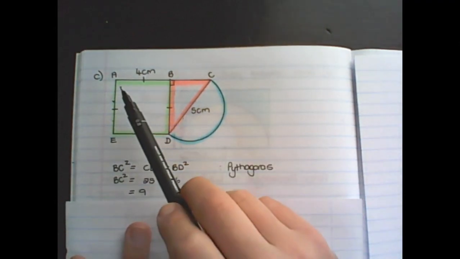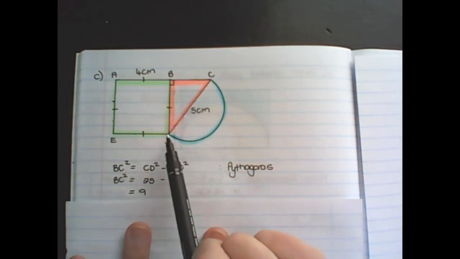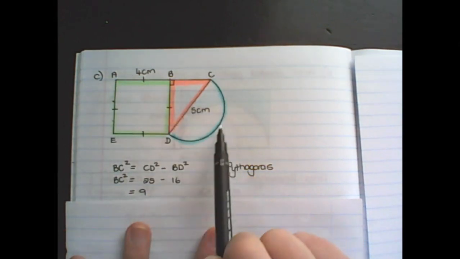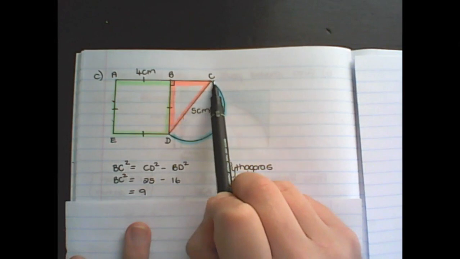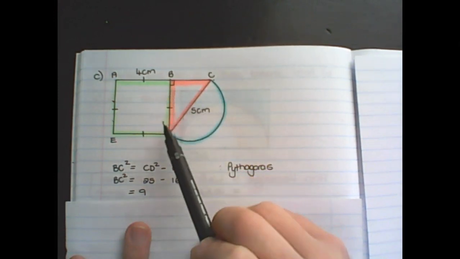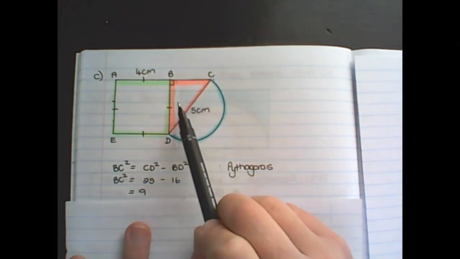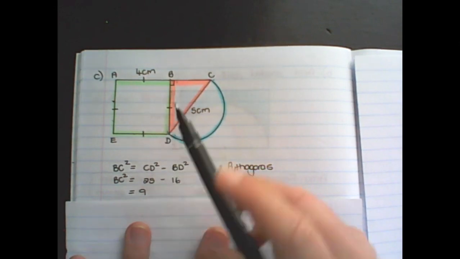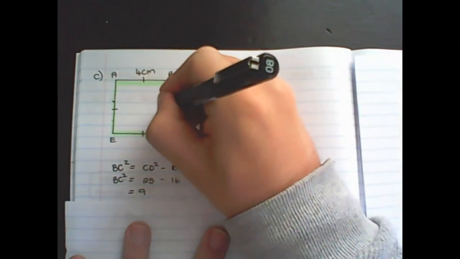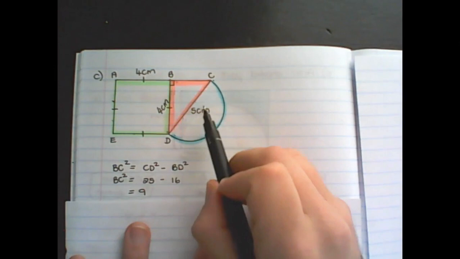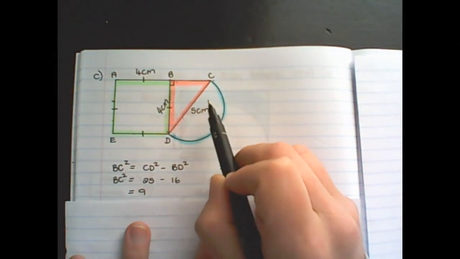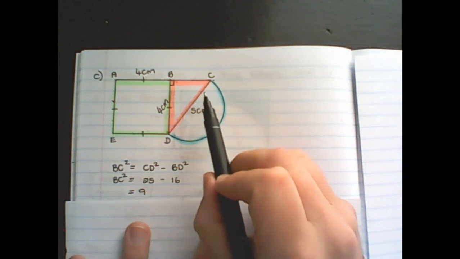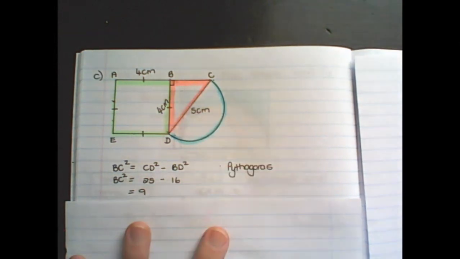Before I can calculate the perimeter or the distance around the figure, I would need to find the length of BC. So in the triangle BCD, I have a length of 4 centimeters and I have a hypotenuse of 5 centimeters. Now I can use Pythagoras to find the length of BC.